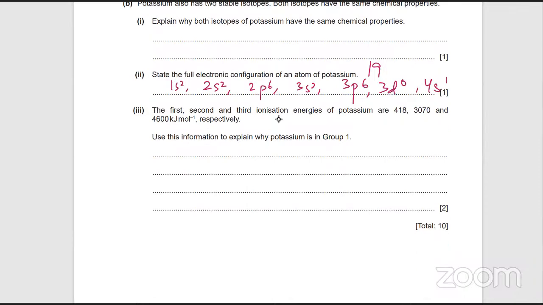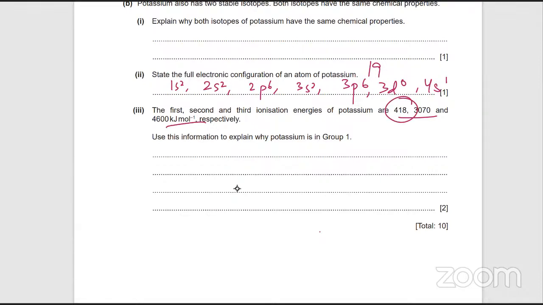So the first, second, and third ionization energies of potassium are given. Remember, potassium is in group 1. So based on these ionization energies, why is potassium in group 1? Because there's one electron in the outermost shell.